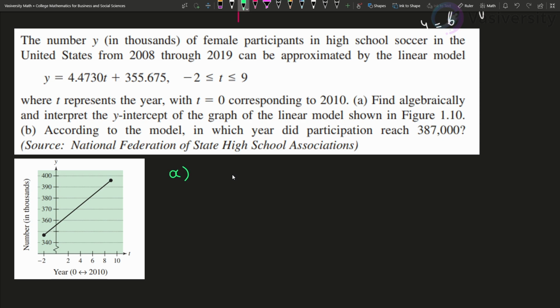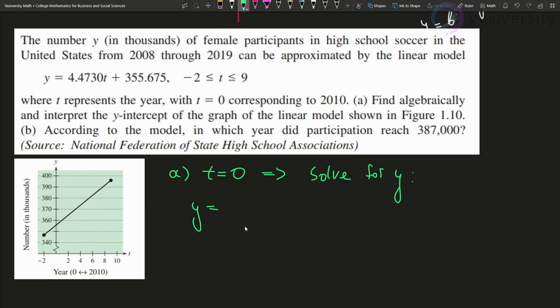In order for us to find the y-intercept, by our rules, t must be equal to 0, and then we have to solve for y. So we have y is equal to 4.473 times t plus 355.675.